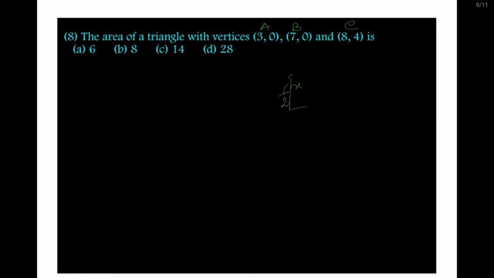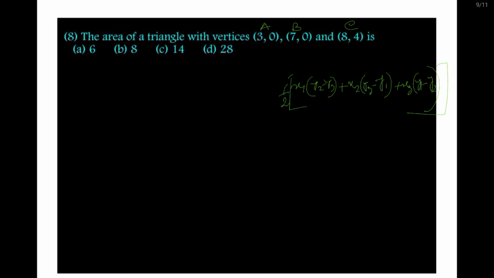The formula is half of x1 of (y2 minus y3) plus x2 of (y3 minus y1) plus x3 of (y1 minus y2). Okay, now let's put the values of x1, x2, x3 and y1, y2, y3 accordingly.